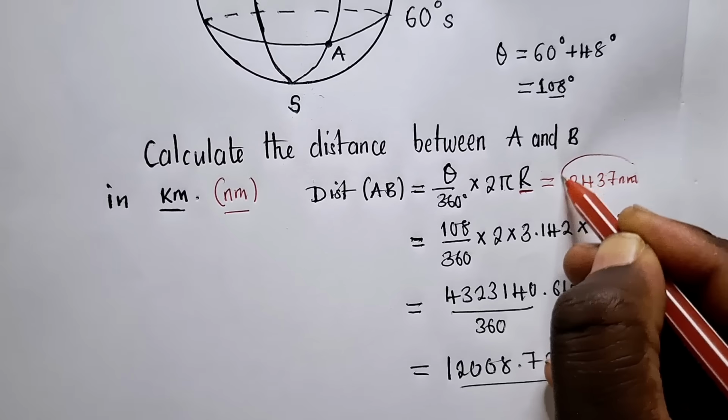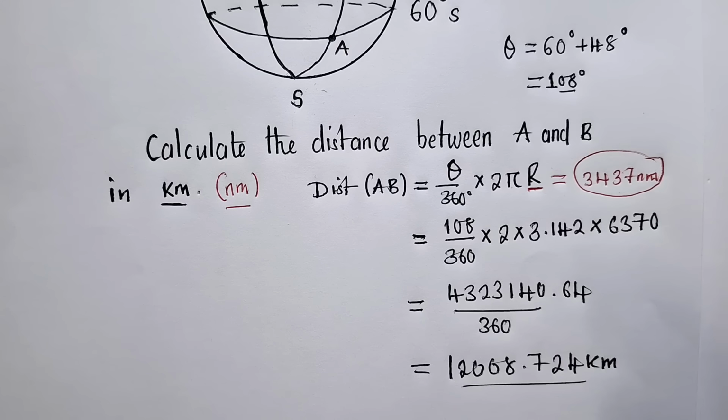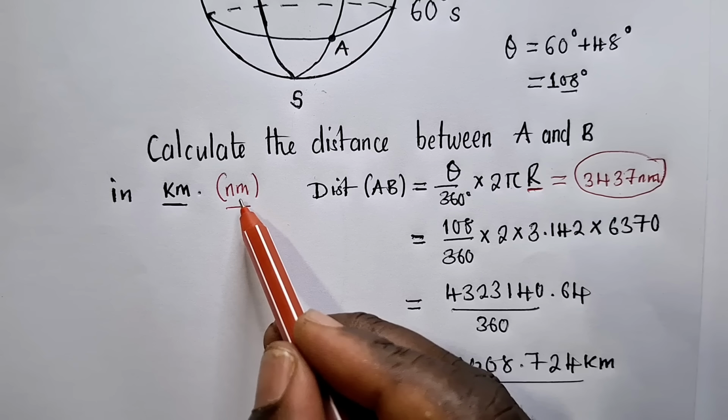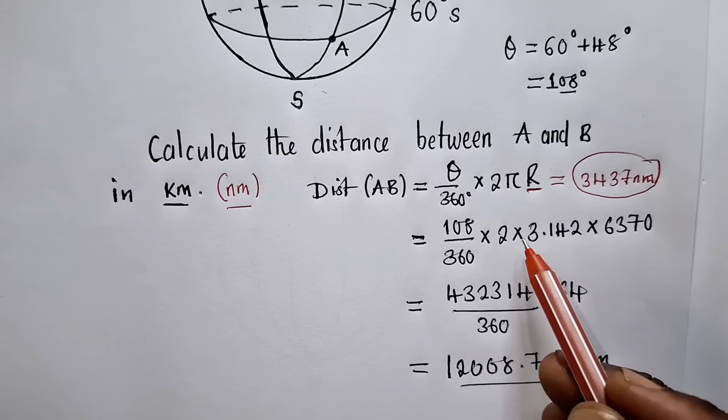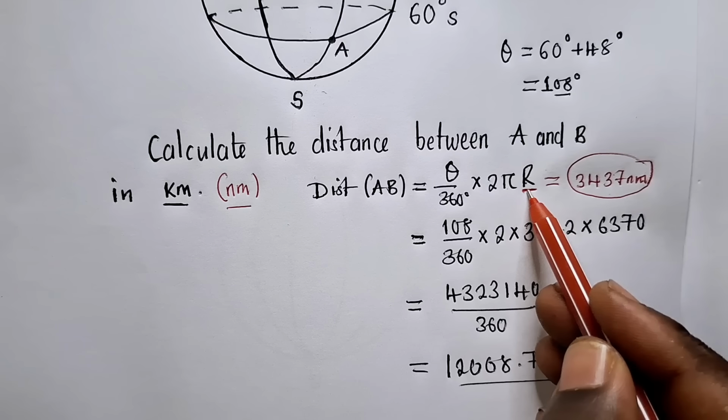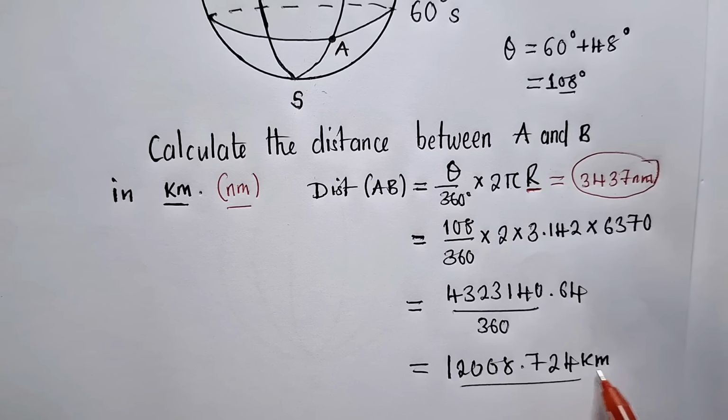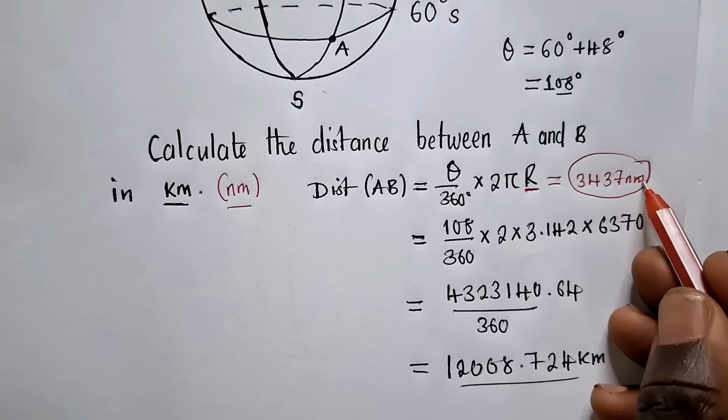Okay? So this is how the value of R will be, that is in nautical miles. So once you have that, when you've been told to find the distance in nautical miles, do all the steps. The only difference will be right here at R, and also the units will change to nm.